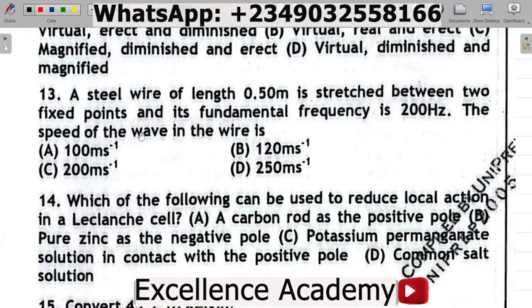Next up, question number 13. 13 says, a steel wire of length 0.5 meters is stretched between two fixed points and its fundamental frequency is 200 hertz. The speed of the wave in the wire is A, 100 meter per second, B, 120 meter per second, C, 200 meter per second, D, 250 meter per second. So how do we solve this question?